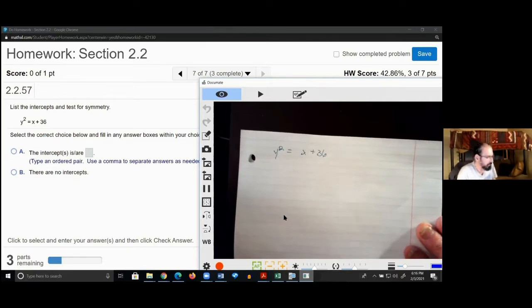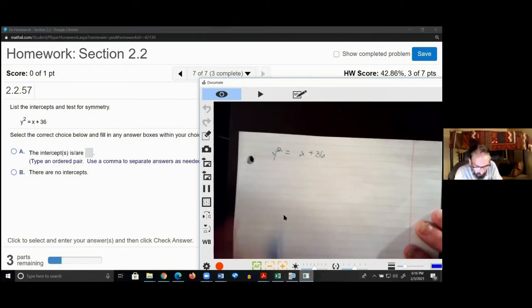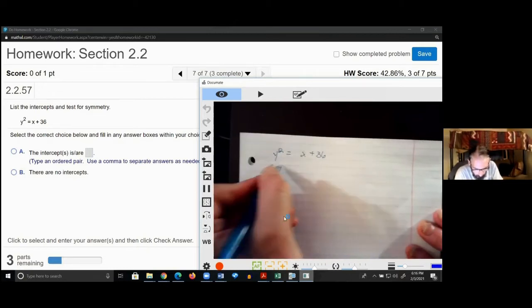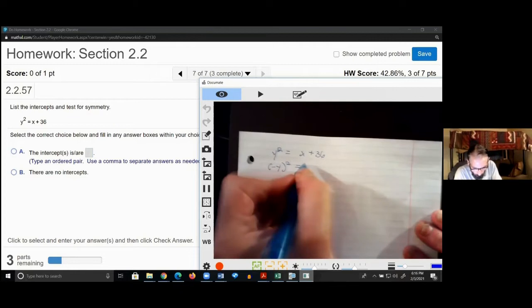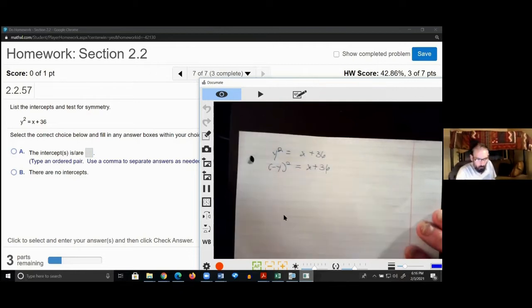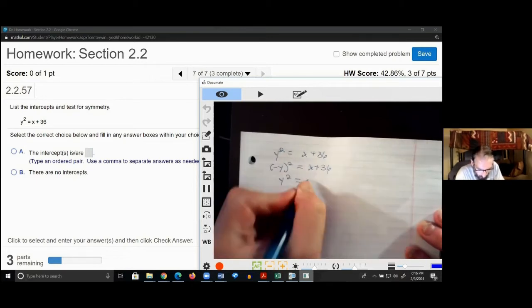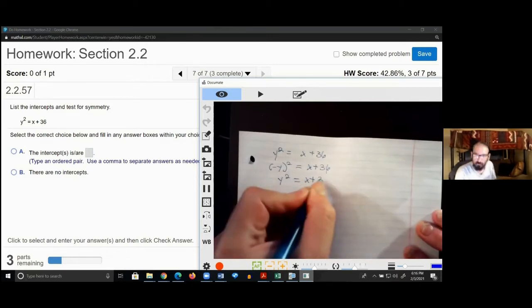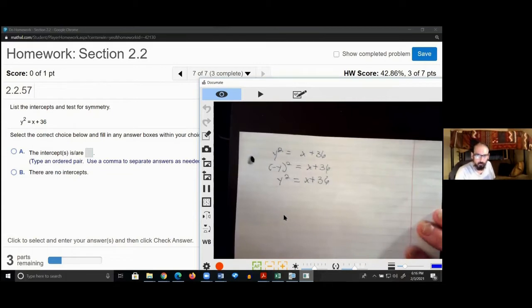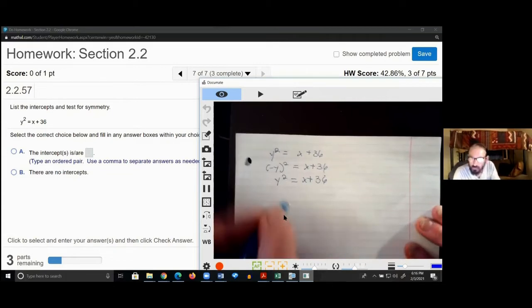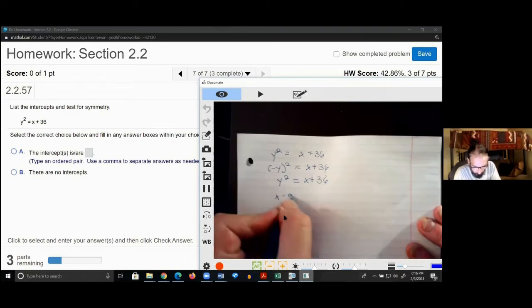That's on one side. And if I change the sign of y, squaring y versus squaring negative y times negative y, the negatives would cancel out, and we would be back to what we started with. The fact that we changed the sign of y and we're back to what we started with is telling me that we have x-axis symmetry.